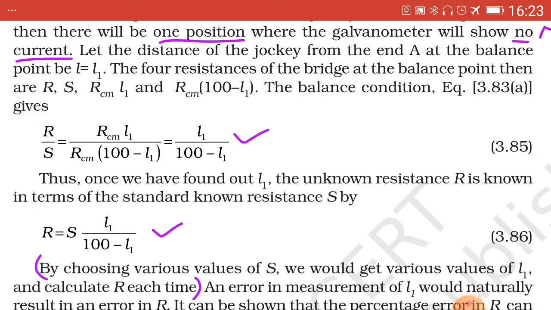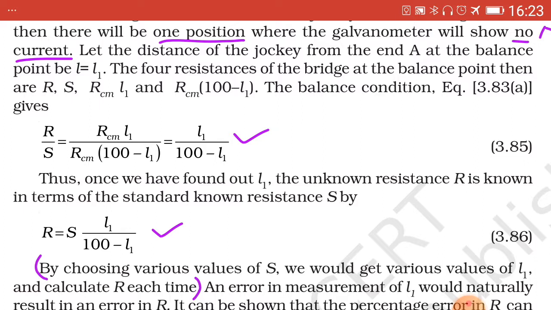RCM cancels out, so this is equal to L1 upon (100 minus L1), equation 3.85, which has been tick marked. Therefore, R will be equal to S into L1 upon (100 minus L1), taking S to the other side.